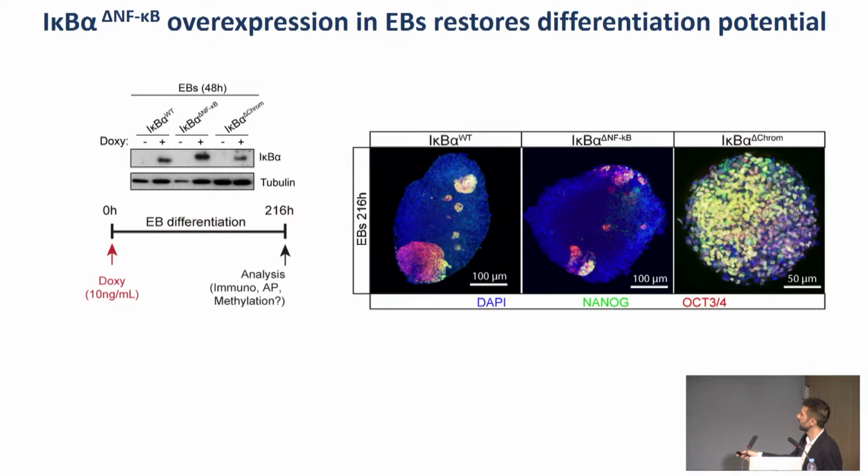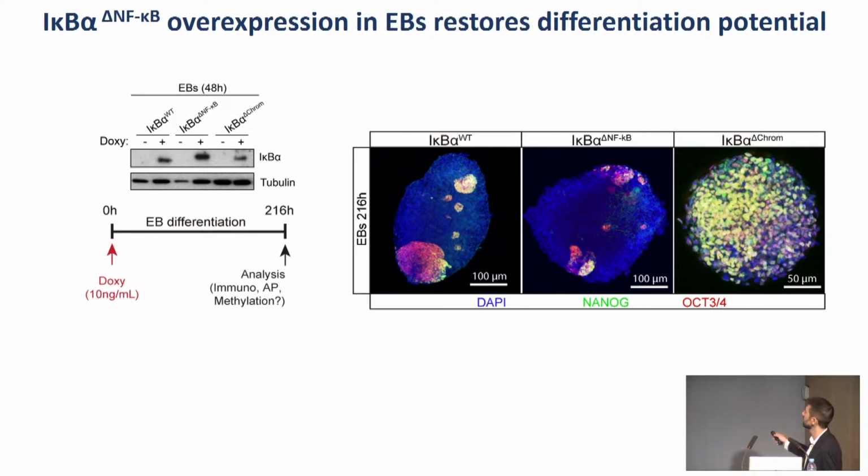However, and very interestingly, when we immunostain embryoid bodies at 9 days of differentiation, you can see that only the ones overexpressing I kappa B alpha wild type or the I kappa B alpha that cannot bind NF kappa B were restoring the differentiation potential.